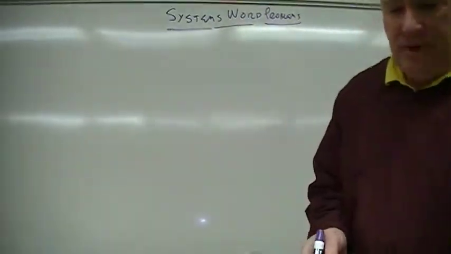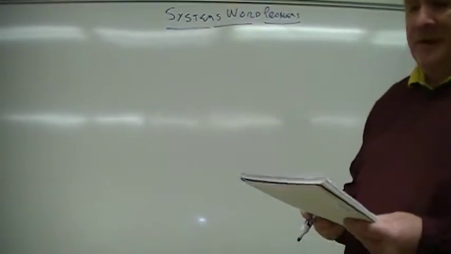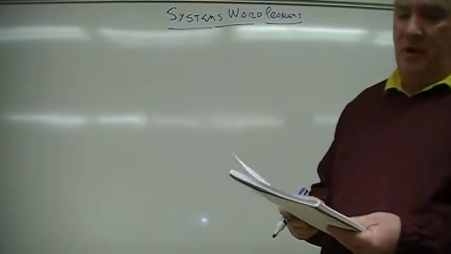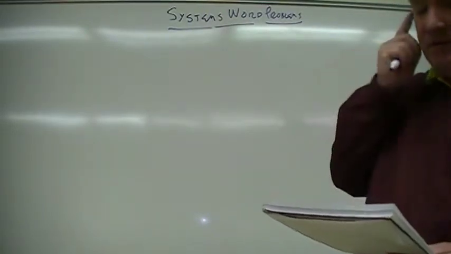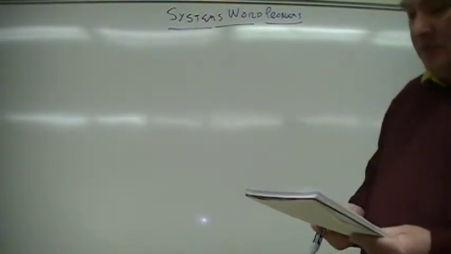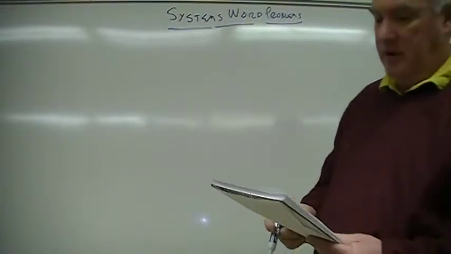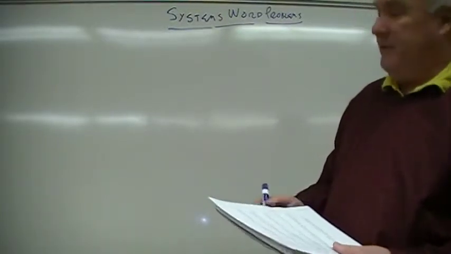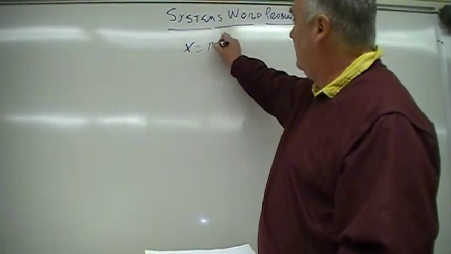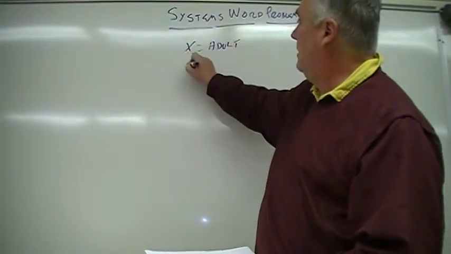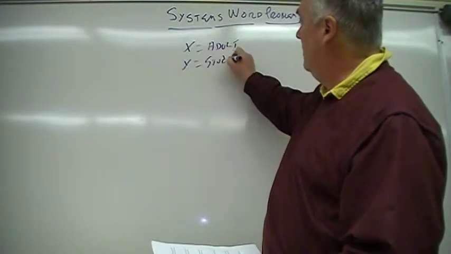Let's do the next one, number 2. These are going to go a little bit quicker. I'm not going to spend quite as much time. We know there are 203 tickets sold for a school soccer game. Students were $2.50, adults were $4. So 203 tickets, and we're trying to find how many of each. X equals adult, Y equals student.